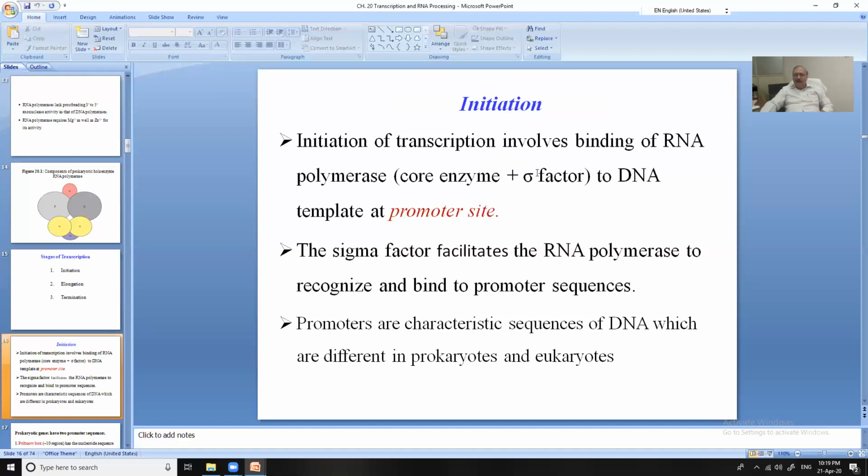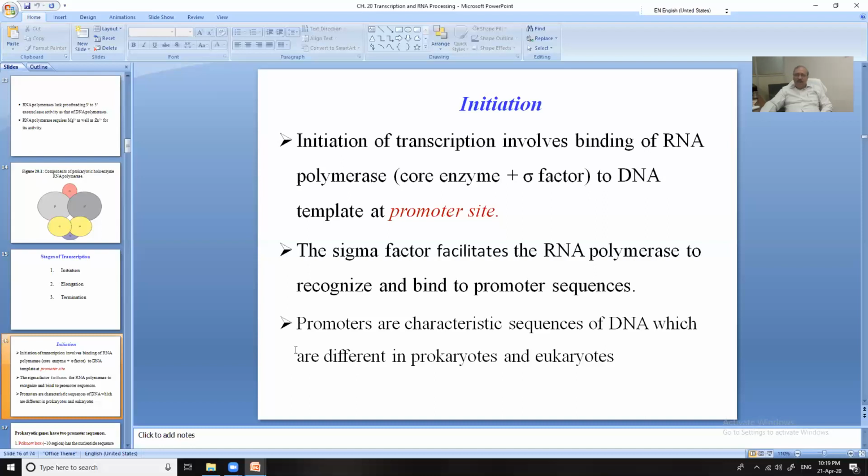They all bind to the DNA template at the promoter site, along with all the cofactors and constituent enzymatic units. The sigma factor facilitates the RNA polymerase to recognize and bind to the promoter sequence. It ensures that RNA polymerase binds on the correct site on the promoter.